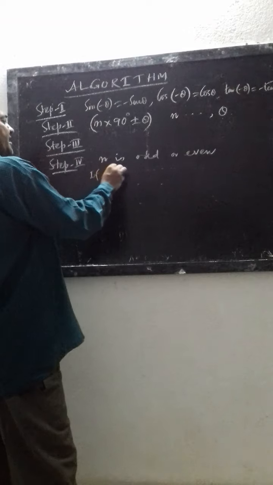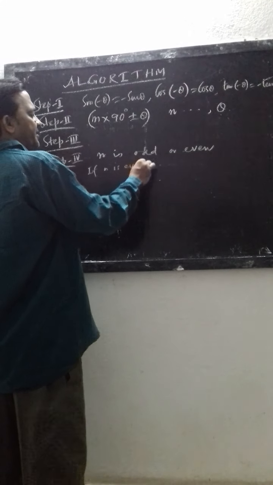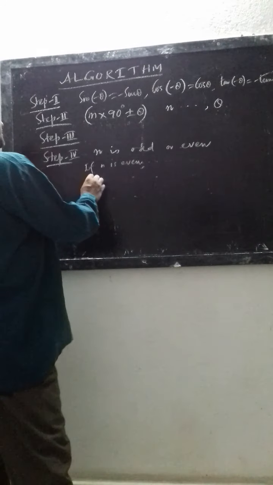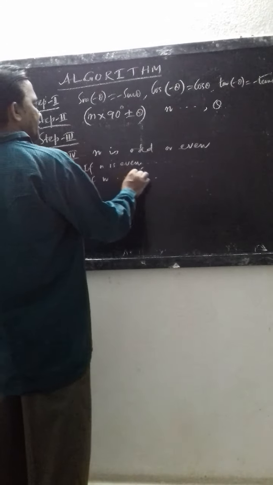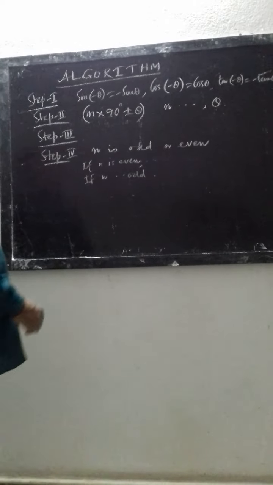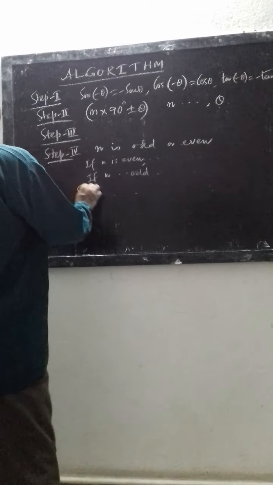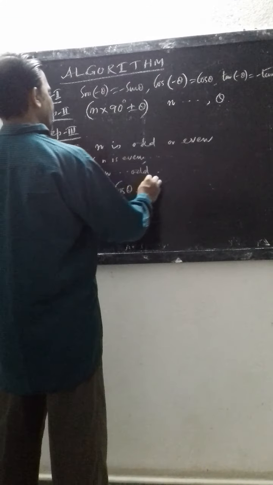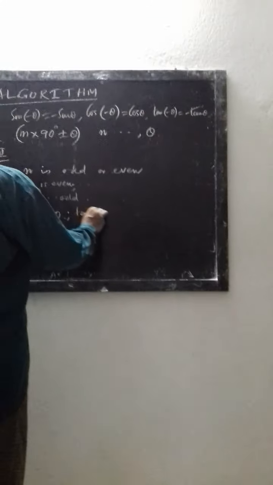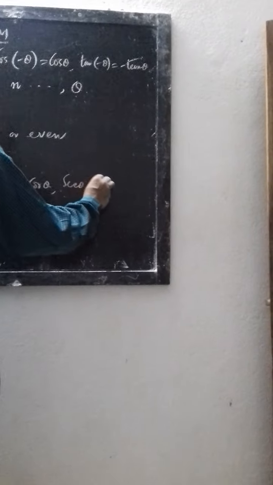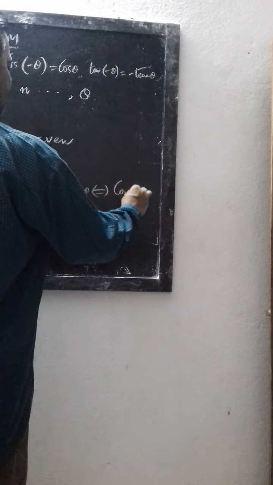If n is even, then the trigonometric ratio remains unchanged, and if n is odd, then the trigonometric ratio changes: sin theta to cos theta and vice versa, tan theta to cot theta and vice versa, and sec theta to cosec theta and vice versa. See an example.